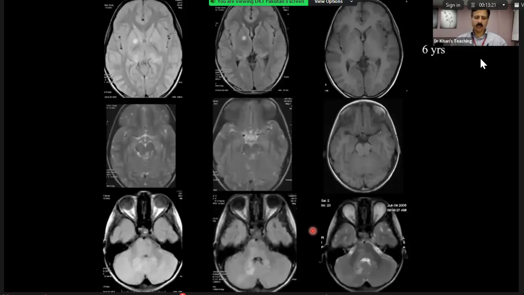For example, brainstem, pons, midbrain, cerebellum, basal ganglia, internal capsule, thalamus, white matter. There can be high signal foci like this in the midbrain, like this in the cerebellum. So previously these were known as UBOs, unidentified bright objects, or unidentified neurofibromatosis objects. Now we call it FASI, which is focal area of signal intensity.